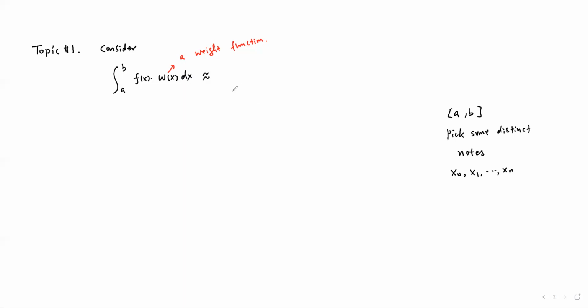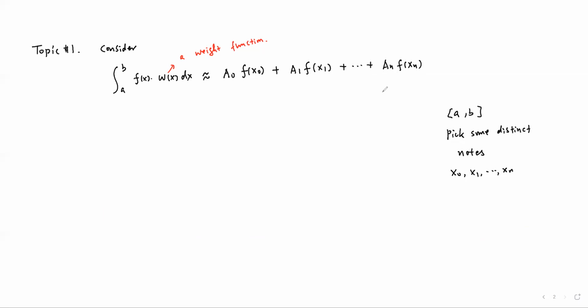Then I want a formula like this: a constant A0 times the function value at the node x0, plus A1 times the function value at x1, and so on, An times the function value at xn. I want a rule like this. Then A0, A1, ..., An will be determined.